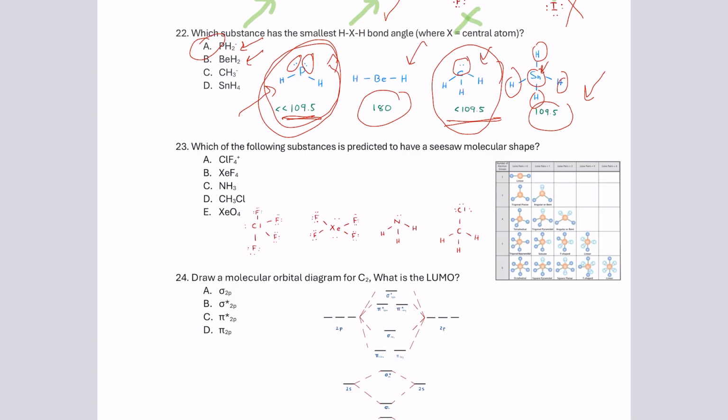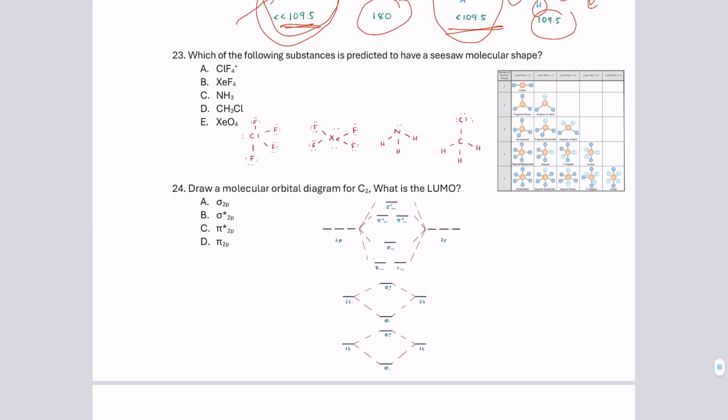Problem 23 says, which of the following substances is predicted to have a seesaw molecular geometry? For a substance to have a seesaw molecular shape, it needs to have 5 electron-rich regions where one of them is a lone pair. So I've gone ahead and drawn the Lewis structure for chlorine tetrafluoride cation, for xenon tetrafluoride, for ammonia, and for chloromethane.